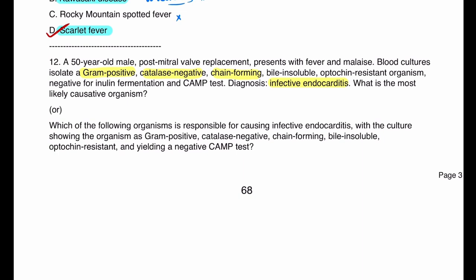See, gram positive cocci catalase negative, so that means it is Streptococcus. Now it is also negative for inulin fermentation, and it is optochin resistant. So these three differentiate between viridans and pneumococci. So the answer to this question will be viridans group, viridans streptococci.